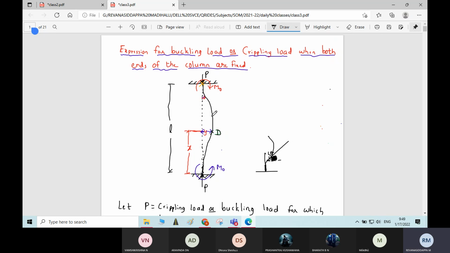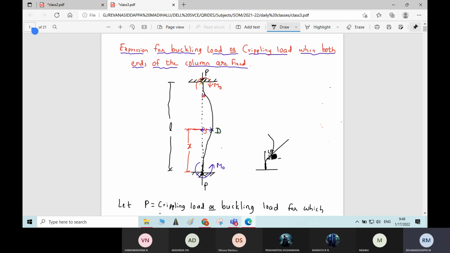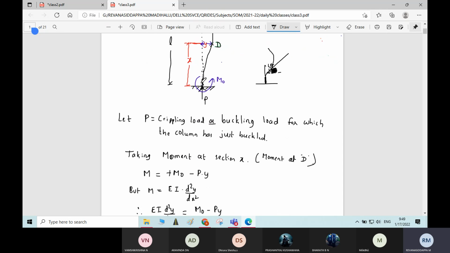Without this force P, the column would not have buckled. P and EI are constants.